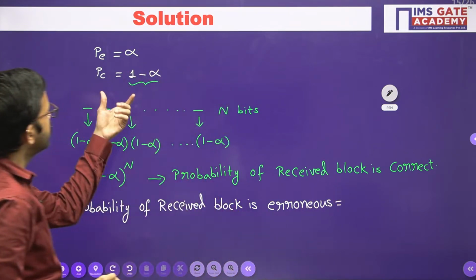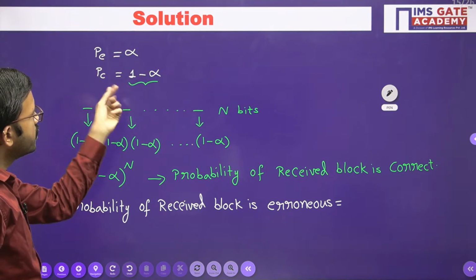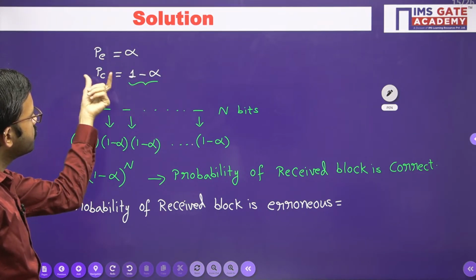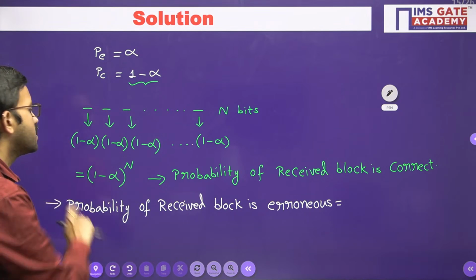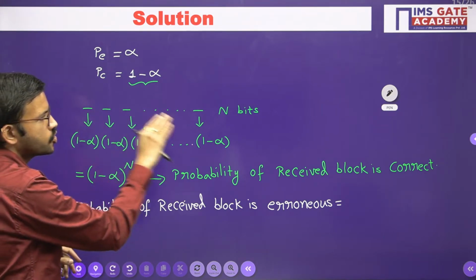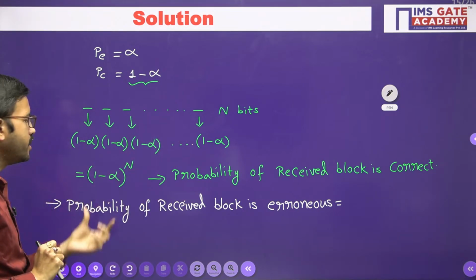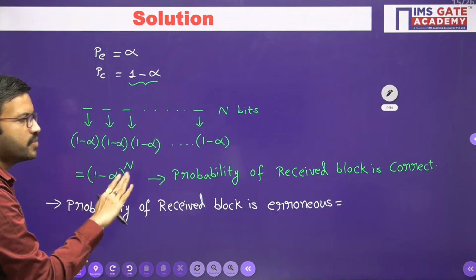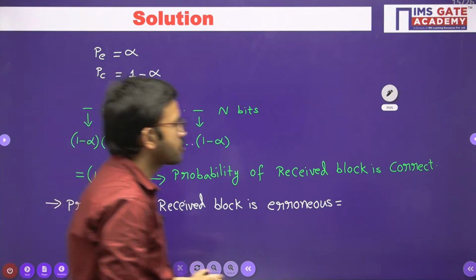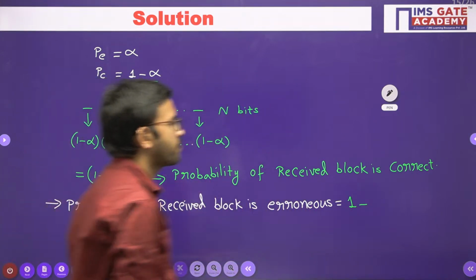Just like here, for probability of error, the total probability is nothing but 1. From there I have separated this one, that is nothing but the correct probability. In a similar way, here in order for the received block to be correct, all the bits should be received correctly, right? For that we have calculated the probability. Now from the total probability, which is 1, we can subtract this probability.